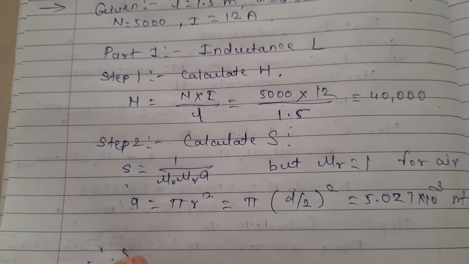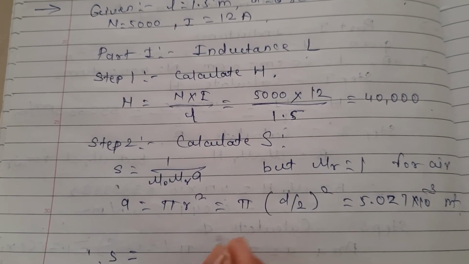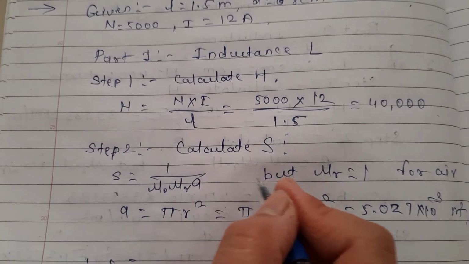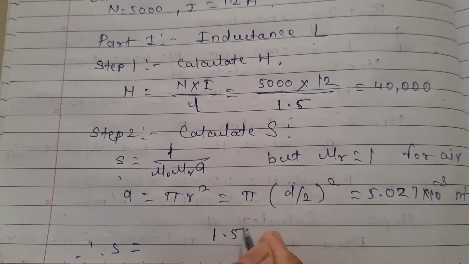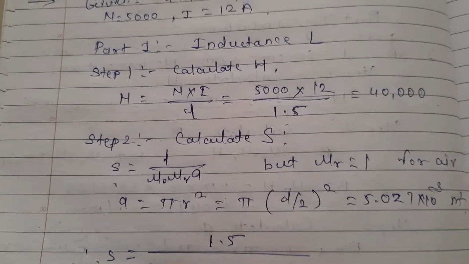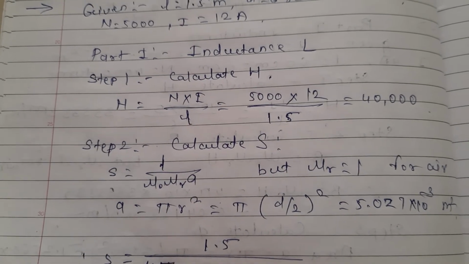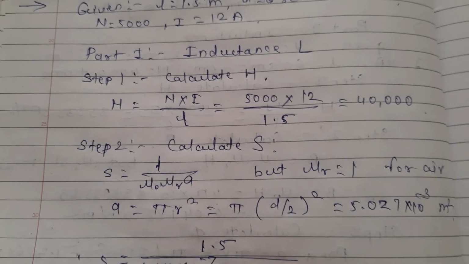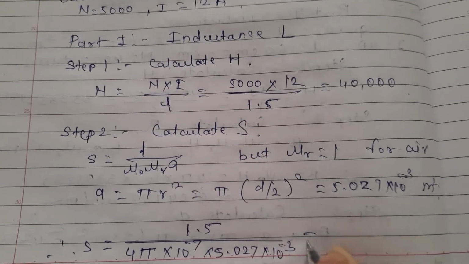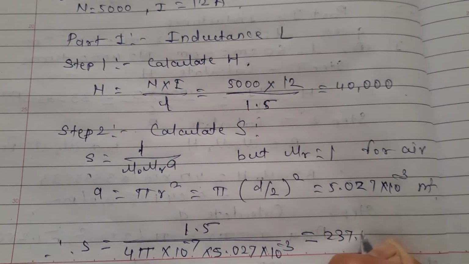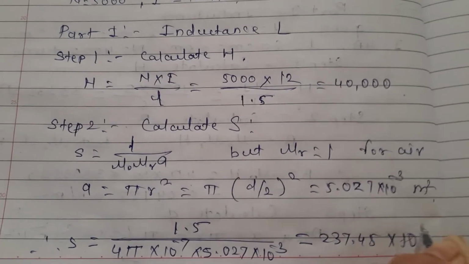Now we find S. S is equal to L is 1.5 divided by 4 pi into 10 raised to minus 7 into 5.027 into 10 raised to minus 3. So its answer is 237.45 into 10 raised to 6.